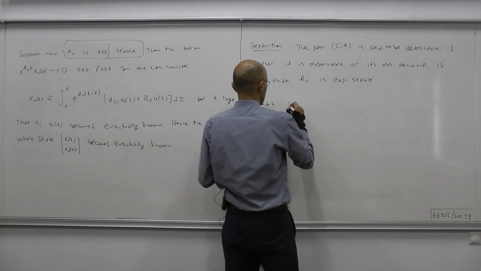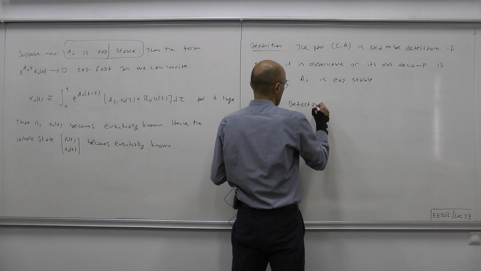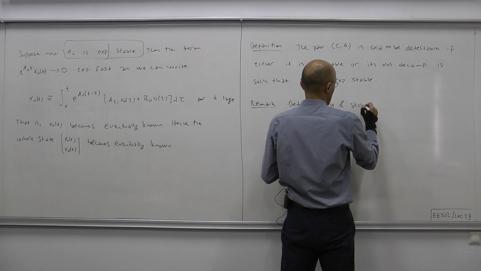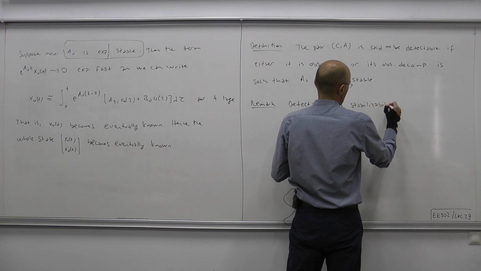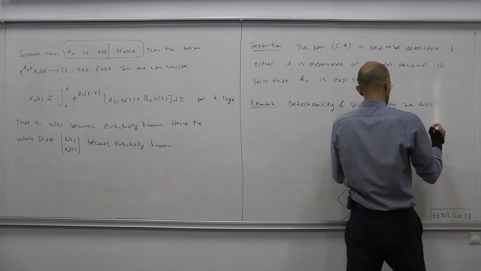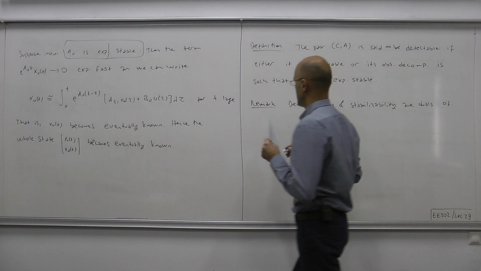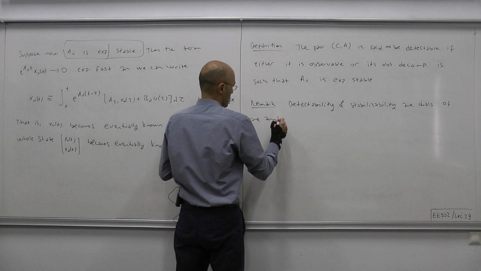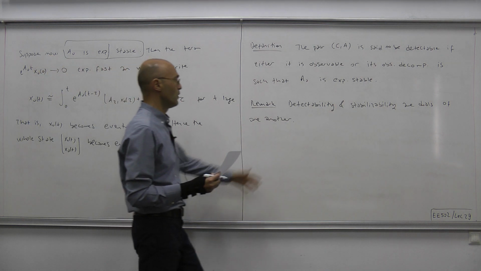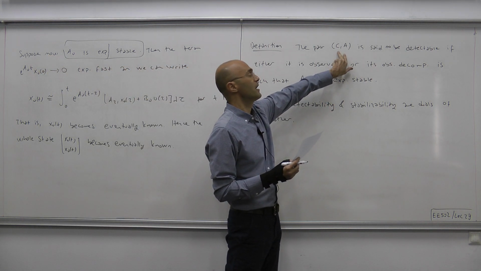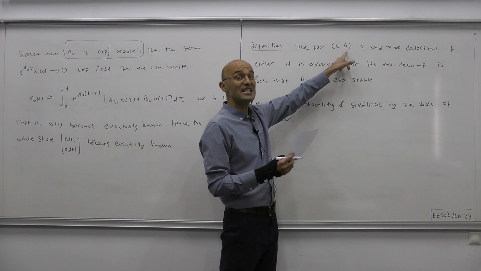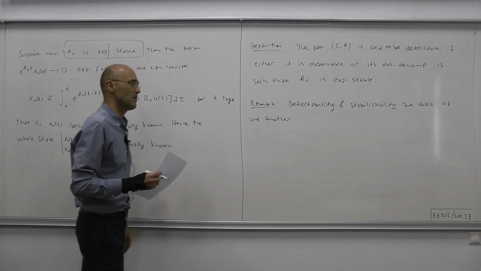Okay, so detectability and stabilizability are duals of each other. That's very nice from the analysis point of view, because, first of all, this means that if the pair CA is detectable, then and only then the pair A transpose, C transpose is stabilizable.